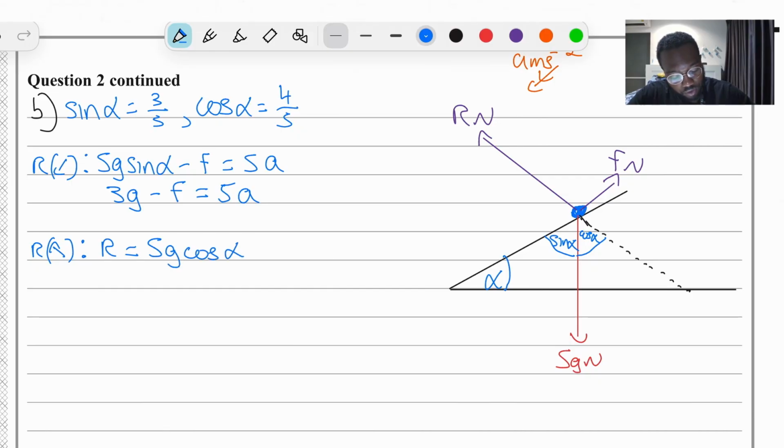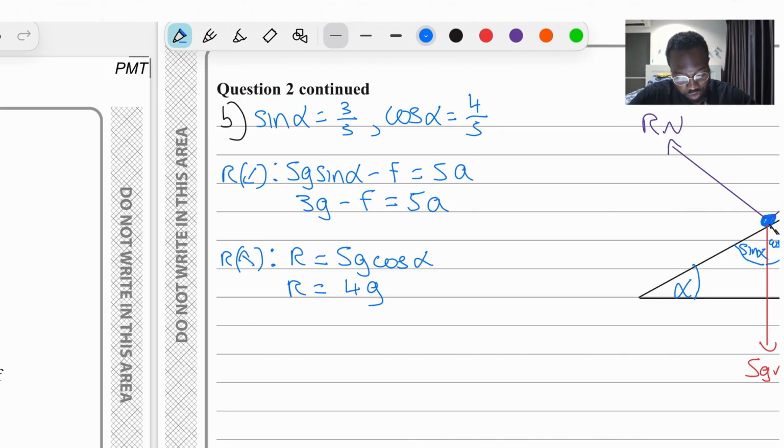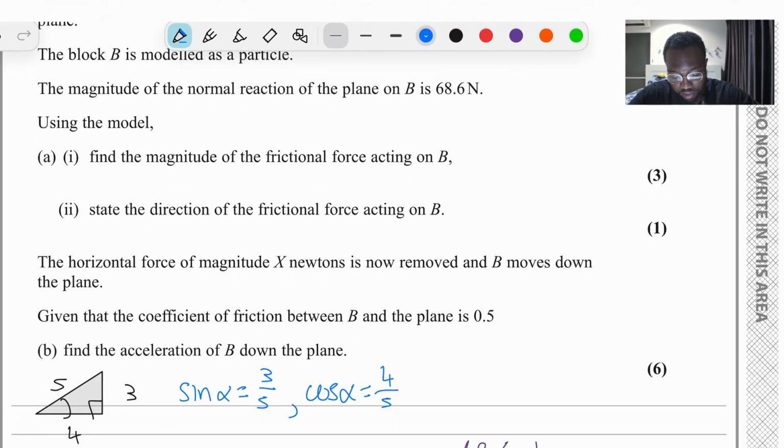And we can work that out, because we know cos alpha is 4 over 5, so 5g times 4 over 5 is simply 4g. So we know that R is equal to 4g. We're also told in the question that the coefficient of friction is 0.5.